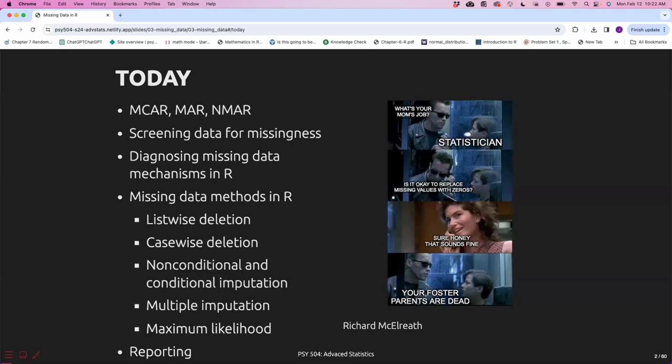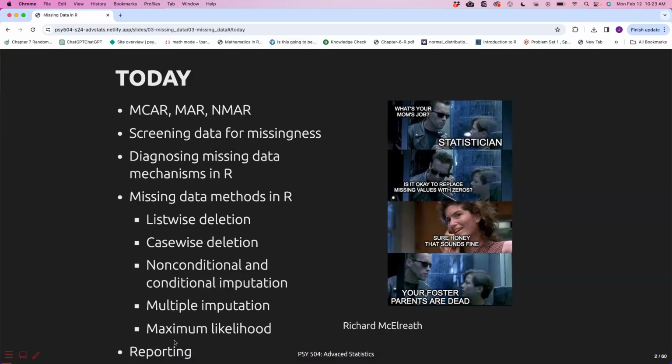So list-wise deletion and case-wise deletion. I want to talk about single imputation methods as well as multiple imputation, which is the state of the art. And then I also want to talk about maximum likelihood a little bit, in terms of how is it imputing those missing values? It's implicitly doing that, not explicitly.